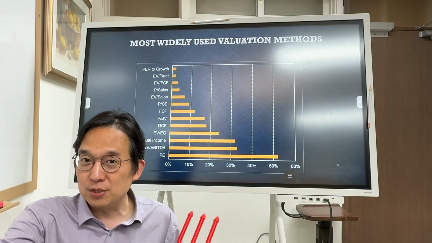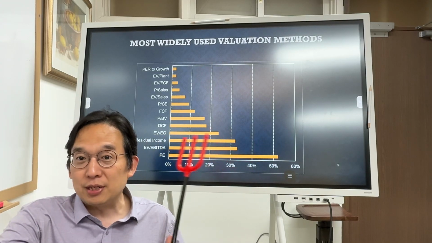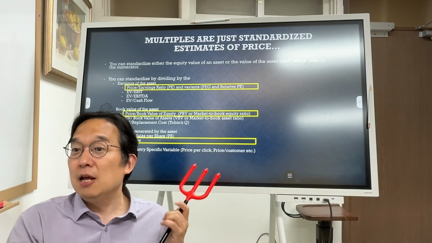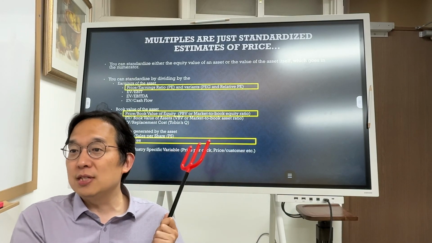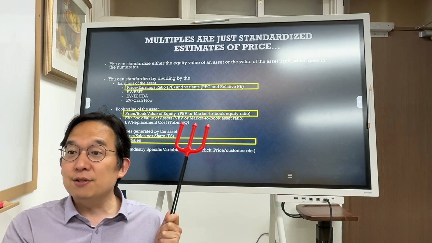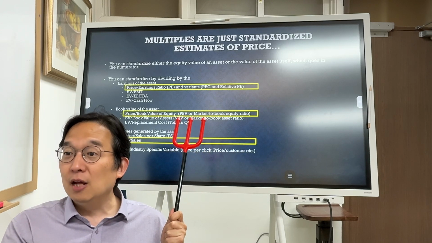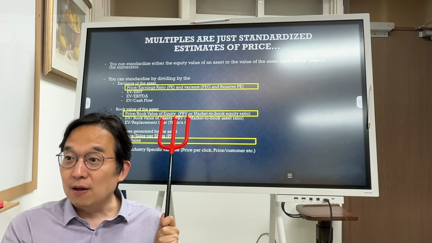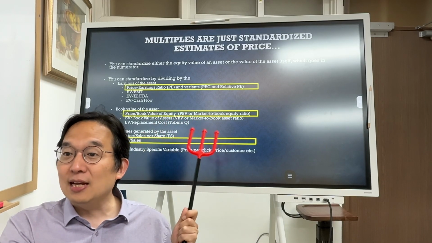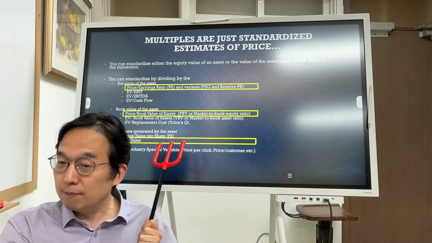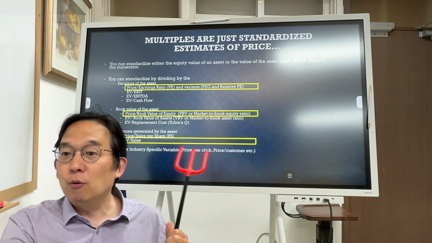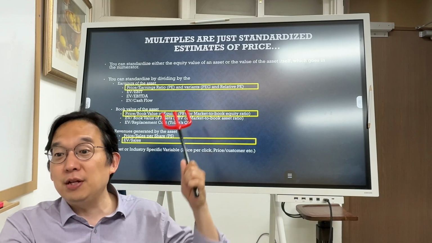All these methodologies, in terms of popularity, are shown by the textbook author, Professor Damodaran. And then multiples are just the standardized estimates of price, okay? You can standardize either the equity value of an asset or the value of the asset itself, which goes into the numerator. So you can standardize by dividing by earnings number or book value number or revenue numbers, right? 3 different categories.